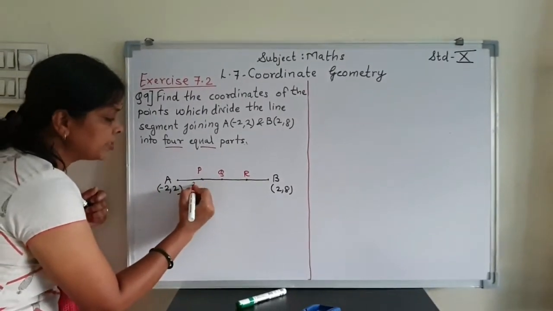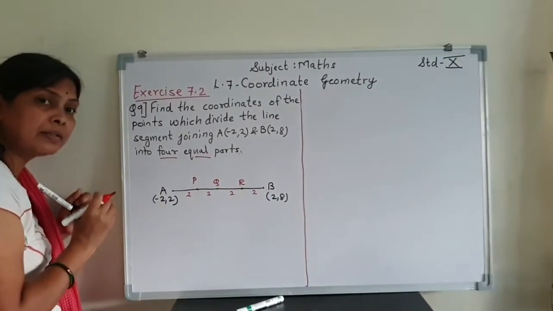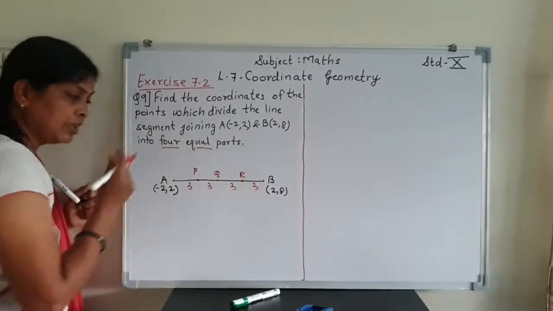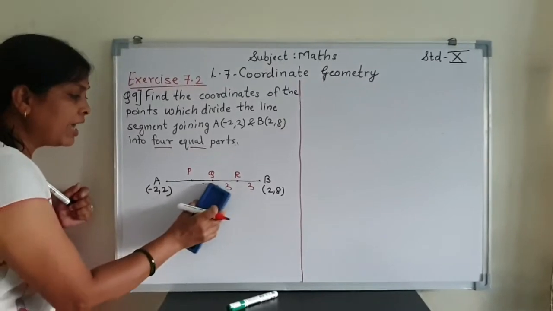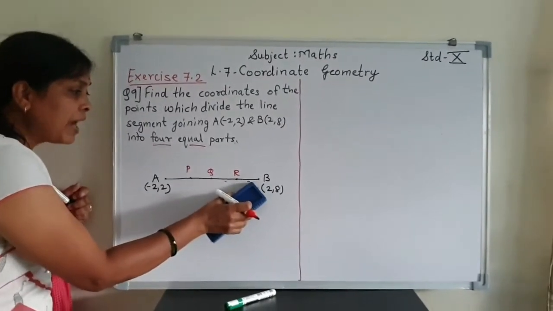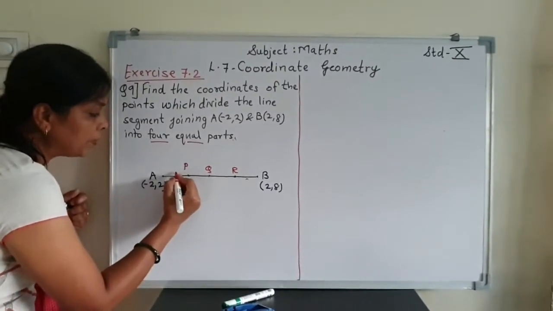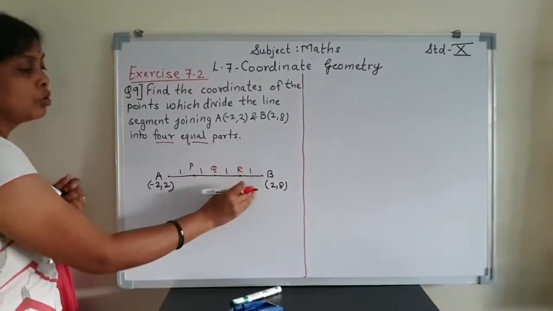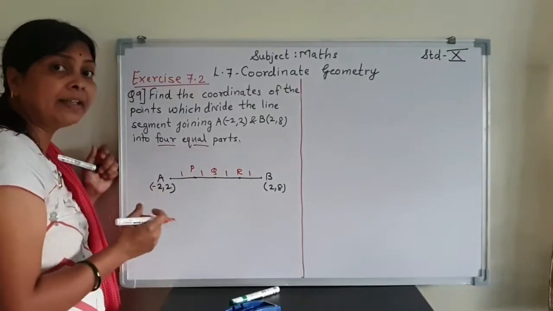Suppose it is 2, 2, 2, 2, or it could be 3, 3, 3, 3. As I have already told you, when it is equal parts, instead of writing 3, 3, 3, we write it as 1 part, 1, 1, 1. So by taking the ratio of sides, we can write that easily.